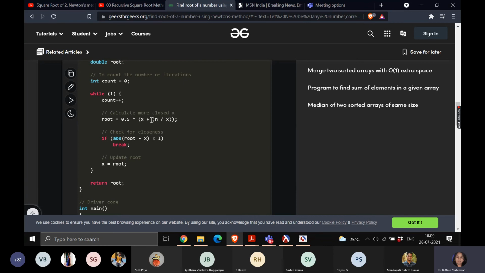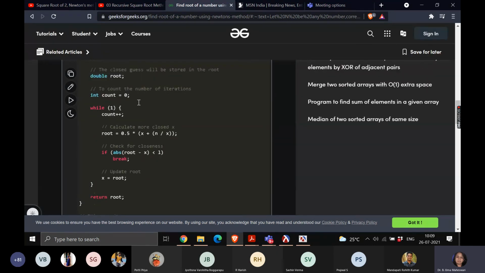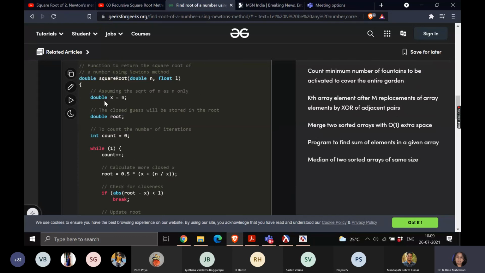All operations we have done in our earlier programs by using recursion. So if you look at, there is a number 327 and there is a number L. L is nothing but 0.001. This is useful for stopping our iteration, and we call the square root function by passing N and L. And we come here. This number N is assigned to X, and then you have a local variable.